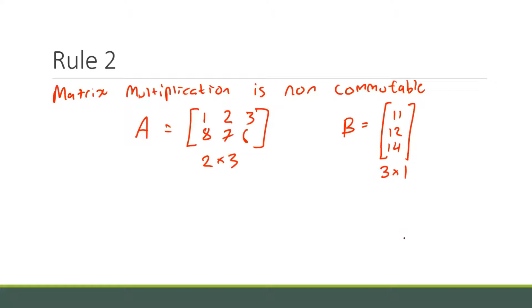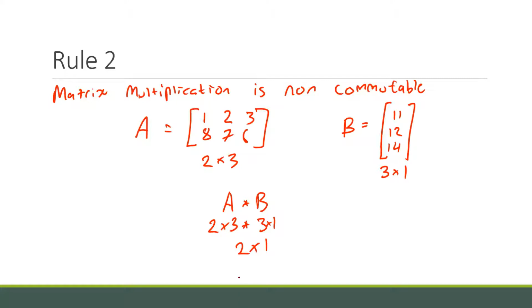Now let's check this. We're not going to do the matrix multiplication yet, but what I want to show you is this. If I took A times B, that would be a 2 by 3 multiplied by a 3 by 1, and the resultant matrix would be a 2x1 matrix.